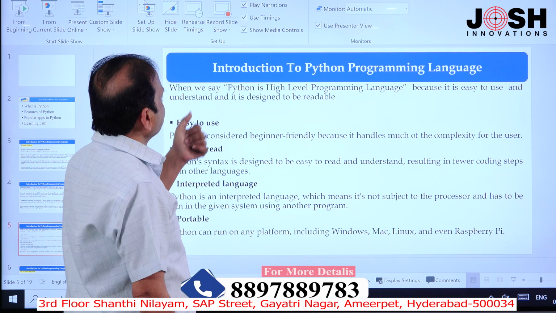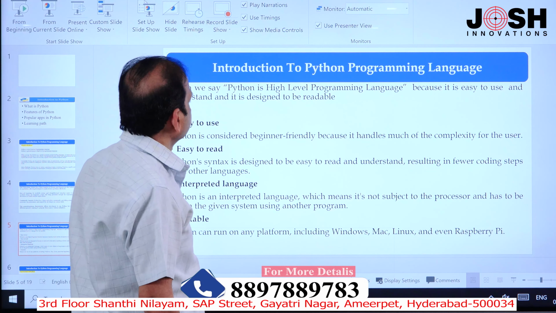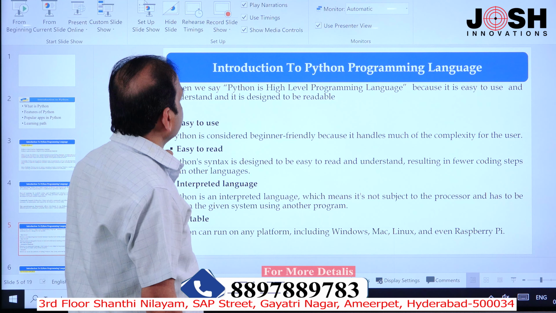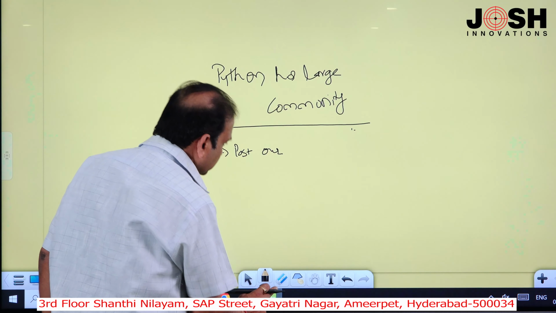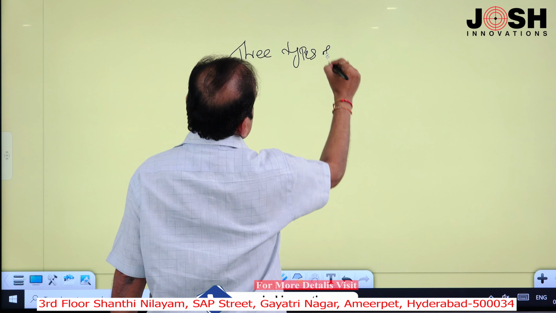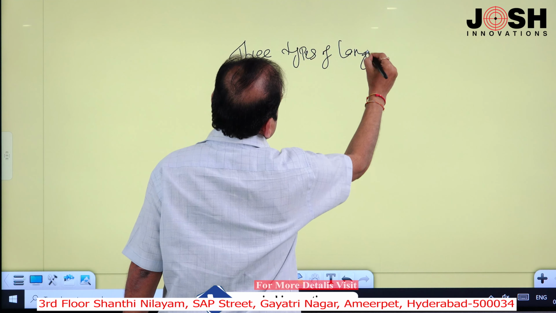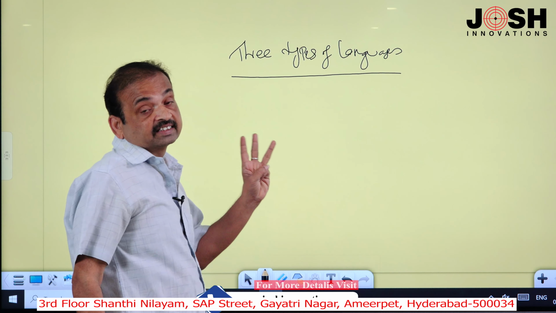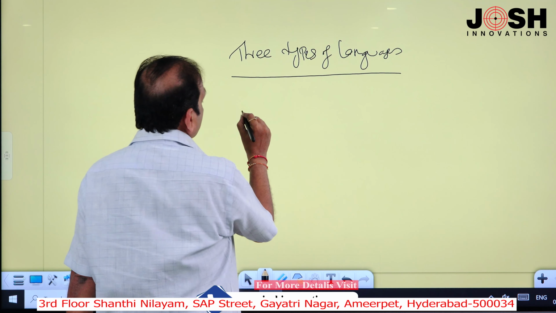When we say Python is a high level programming language, it is because it is easy to use and understand; it is designed to be readable. Now, what is high level? See, there are 3 types of programming languages. Programming language started from the 1970s, and it has 3 types. One is low level.